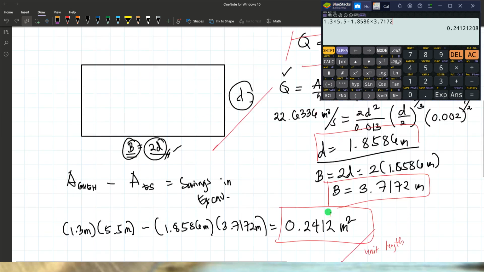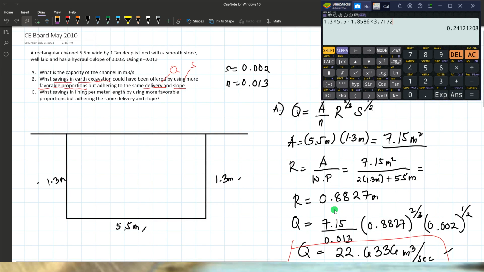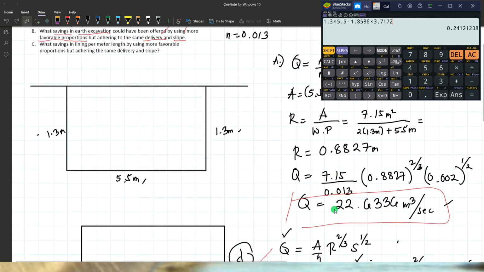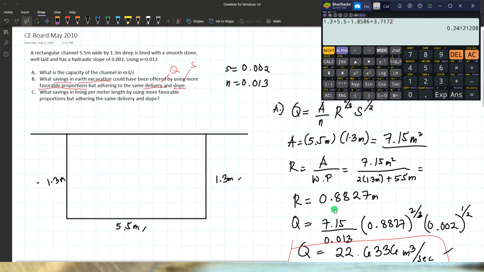For question number 3, or letter C: what savings in lining per meter length by using a more favorable proportion, or the most economical section, while adhering to the same delivery and slope? So what will be the savings in lining?